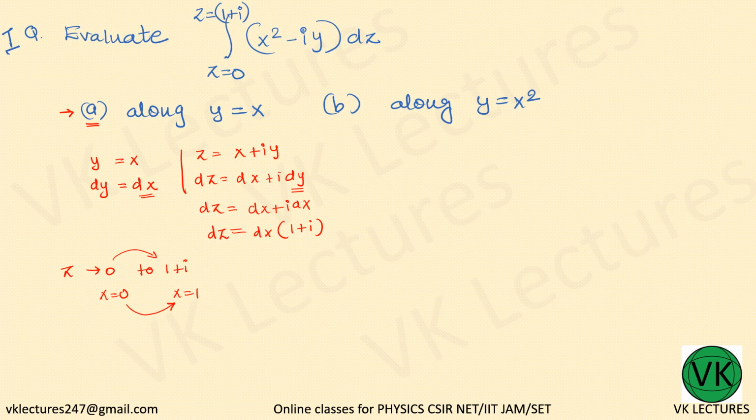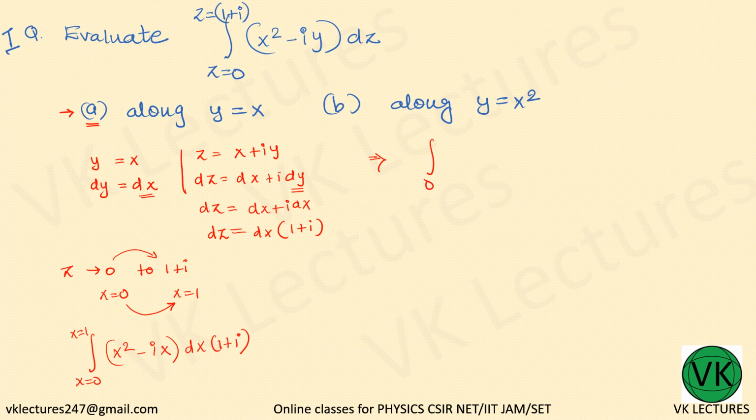So we can rewrite this integral as the integral from x equal to 0 to x equal to 1 of x square minus i y, with y equal to x, so x square minus ix, and dz we replace with dx into 1 plus i.